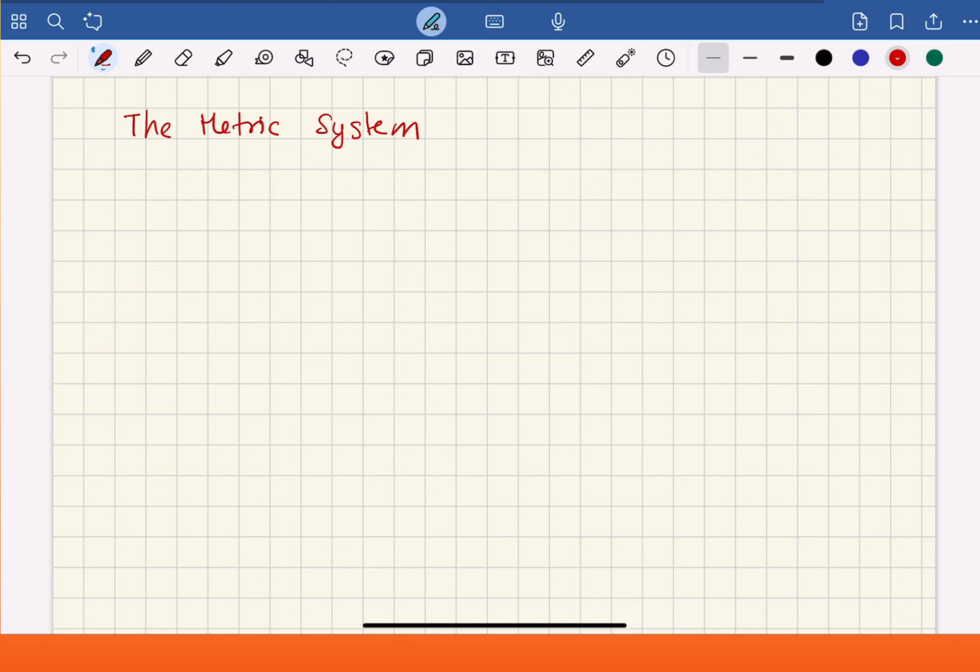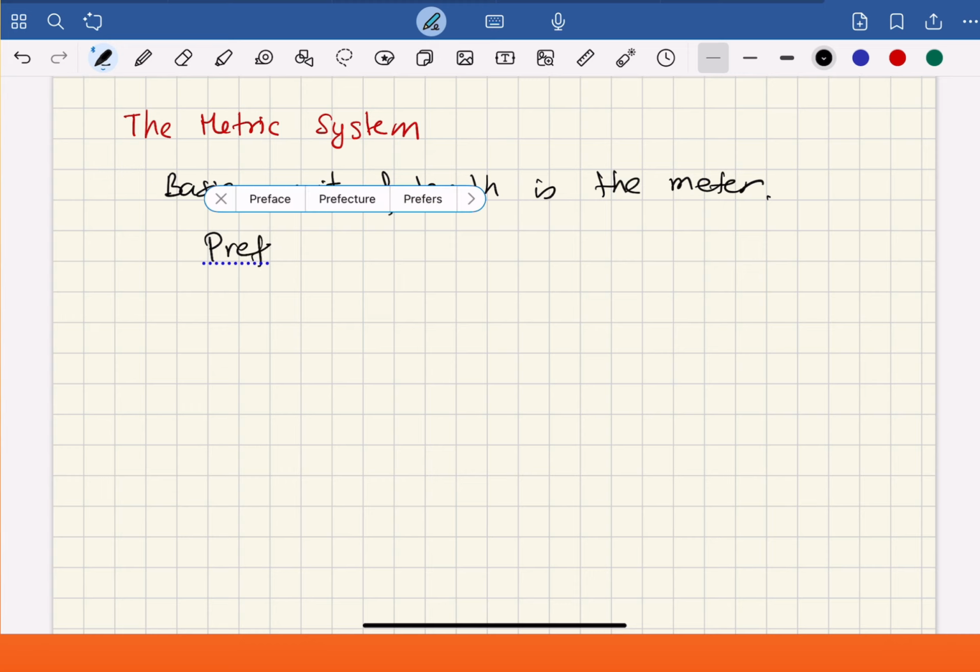The metric system will say that the basic unit of length is the meter. And what's interesting about the metric system is that it has prefixes, okay? And the prefix helps us to denote the length of each unit.